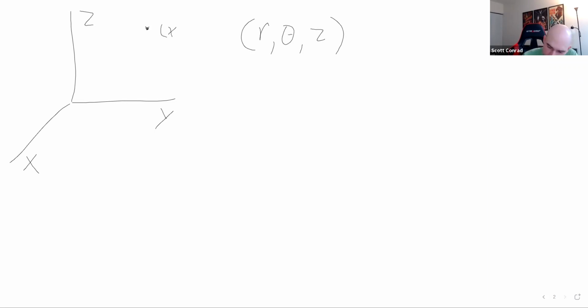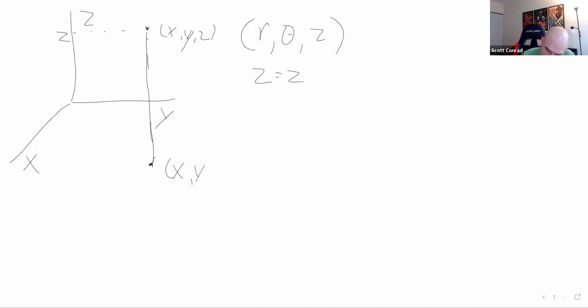So suppose in rectangular coordinates, we call this guy x, y, z. So z is going to be the usual z, right? The distance along the z-axis, the height. And r and theta work like they do in polar coordinates, except, so take your point, project to the xy plane.